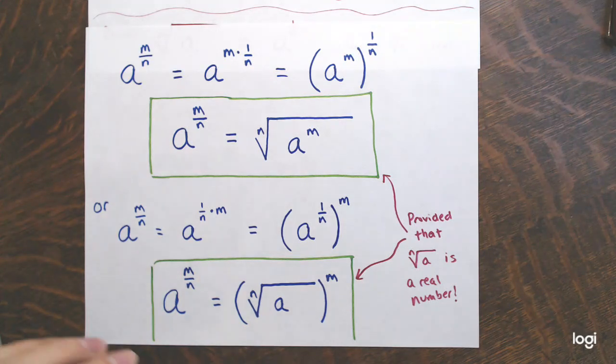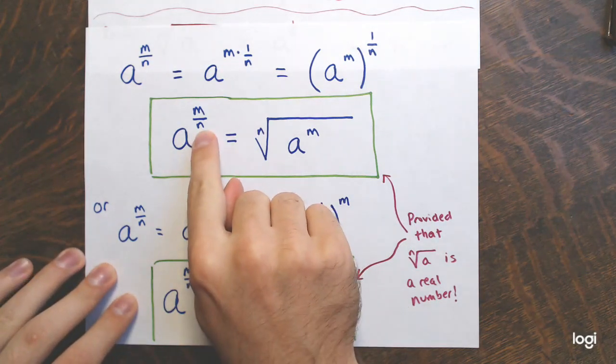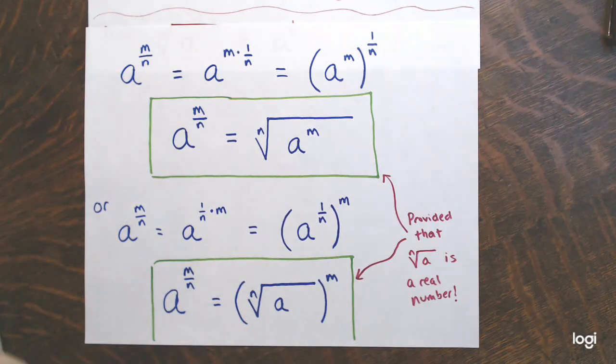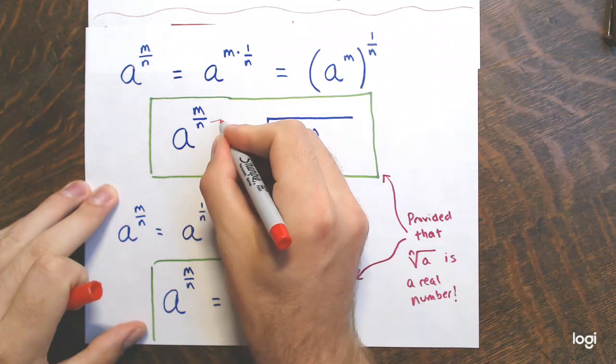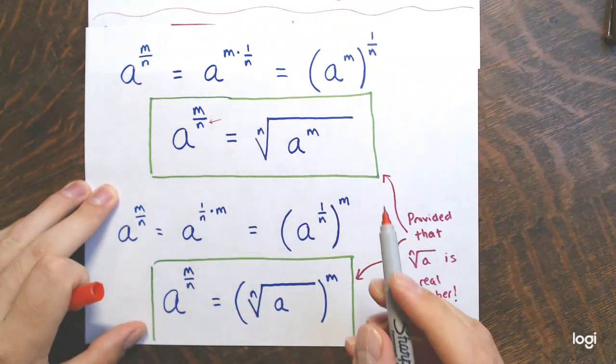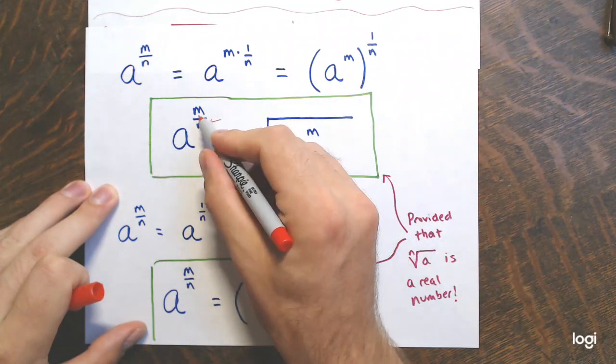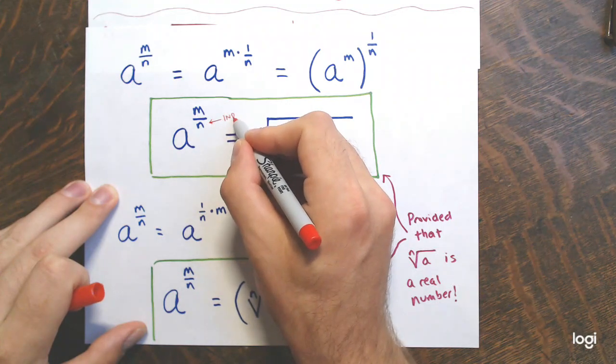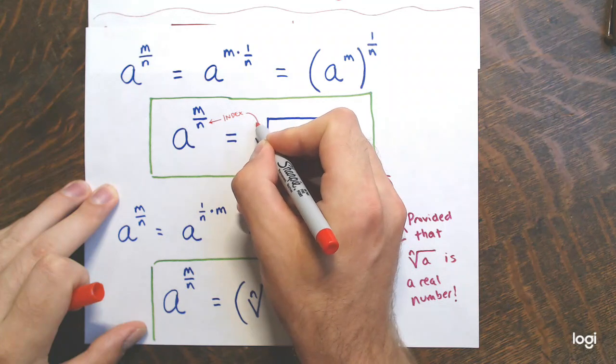So what you're going to be looking at is the denominator of the fraction power. The denominator tells you the index of the root.